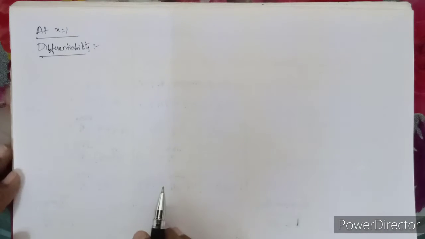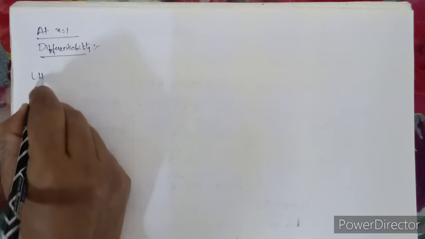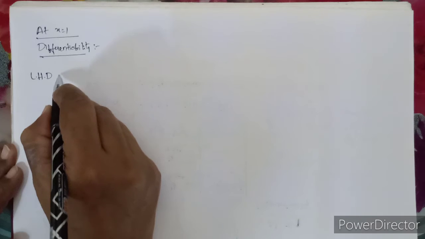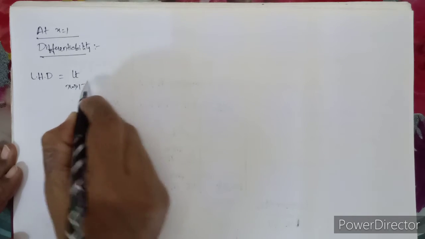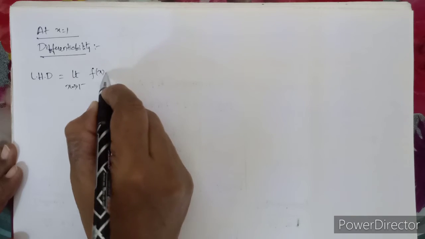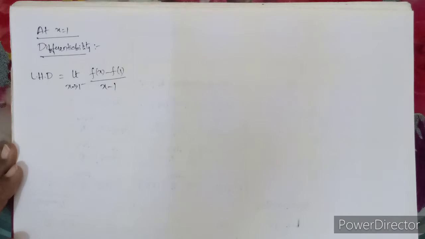Now we see differentiability at x is equal to 1. First, left-handed derivative. Limit x tends to 1 minus f of x minus f of 1 by x minus 1.